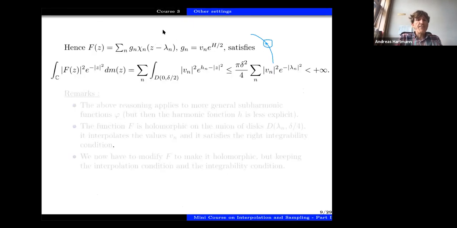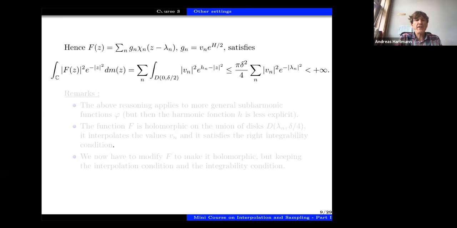Okay, so let's move on. F is this function. It interpolates as it should, and so if I integrate this function, I get this sum of all these disks, and by the computation we just obtained, we get this chain of inequalities, and at the end of the day, this is just the area of this disk.